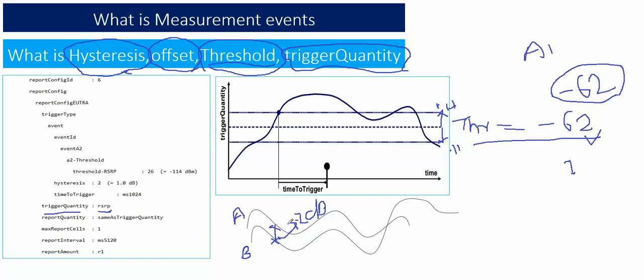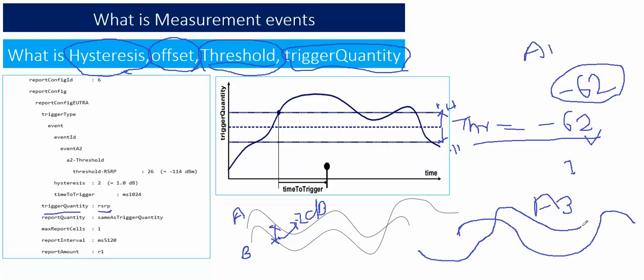Where do we use offset? At the time of the A3 event, because A3 is a comparison of two signals: the serving signal and the second signal, the neighbor.